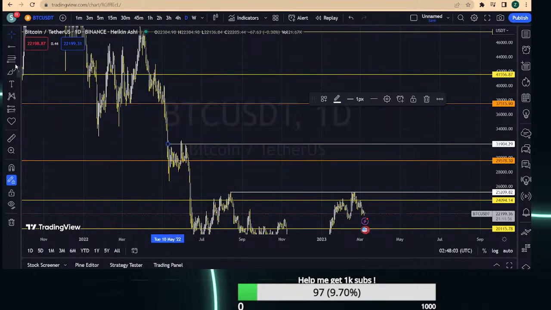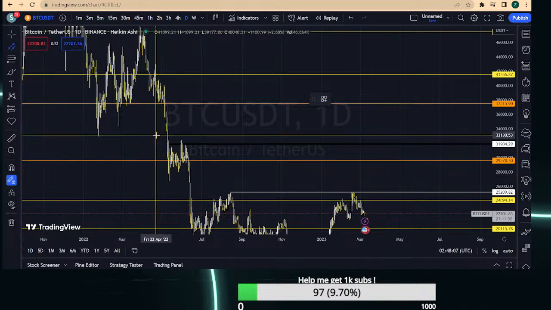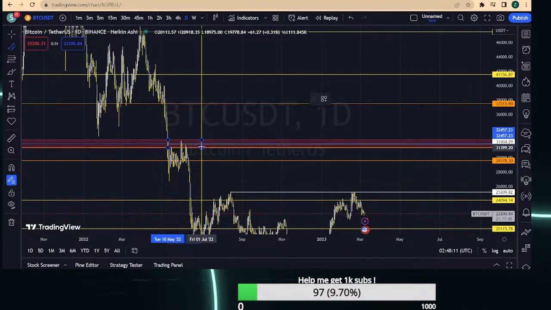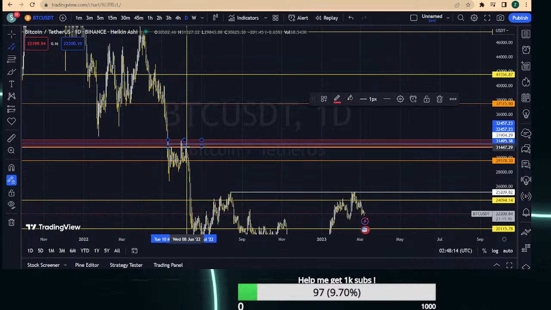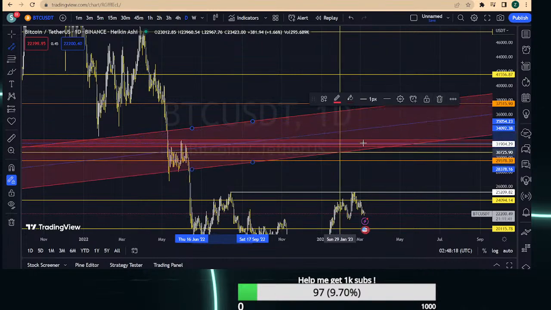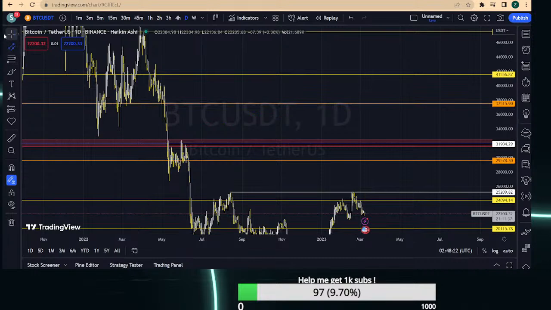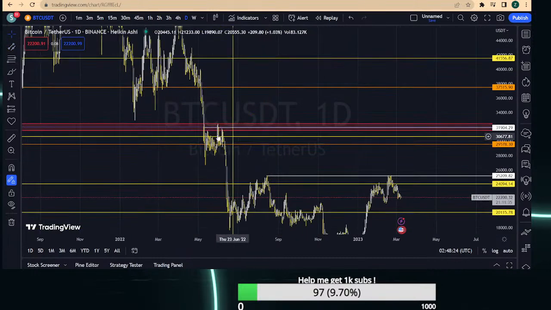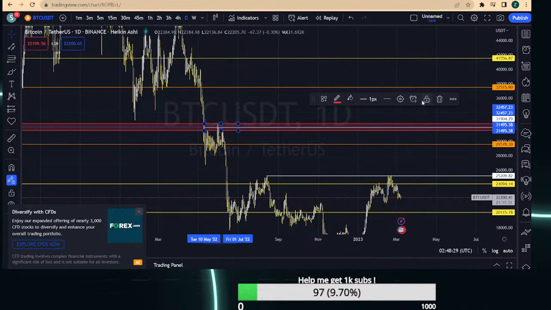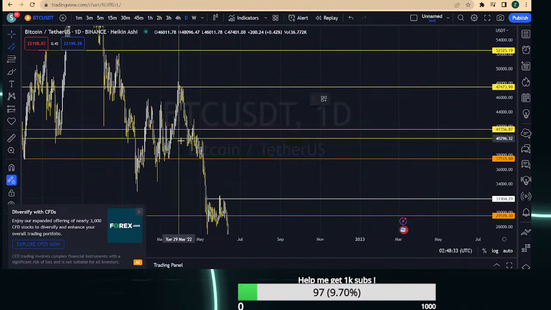You could also use parallel channels. So go like this, to the wick bottom here, and you're capturing this and this. So you can do it as a channel instead of lines. I'm just doing it as trend lines right now for reference.